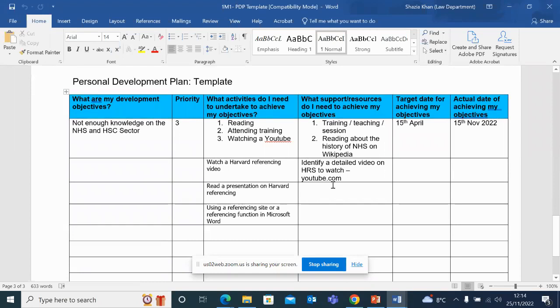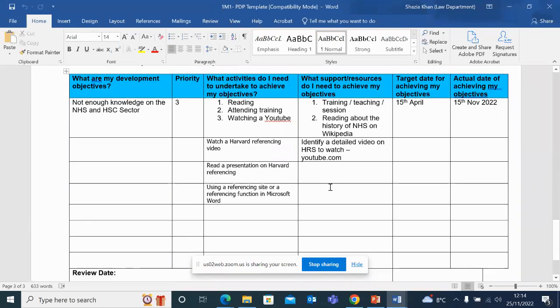So, not enough knowledge on NHS and HSC sector. So the priority is 3. So what activities do I need to undertake to achieve my objectives? So reading, attending training, watching YouTube videos, watching a Harvard referencing video, reading a presentation on Harvard referencing, using a referencing site or referencing function in Microsoft Word.